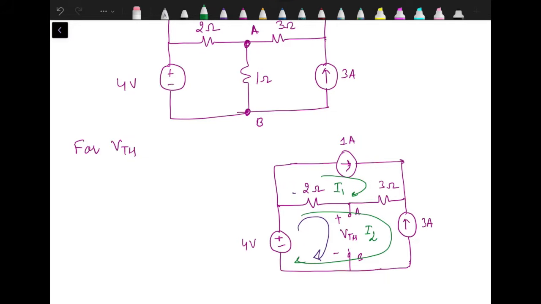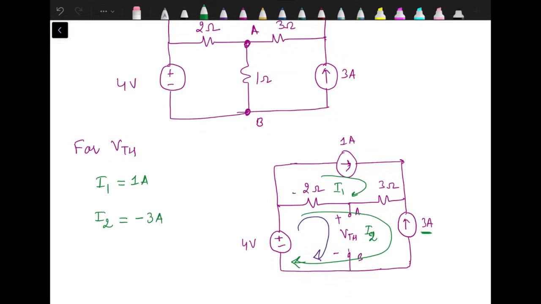Now what we see, in first mesh we have a current source in the outer branch, so we will get the answer of I1 directly as 1 ampere. Similarly, in second mesh, again we have a current source of 3 ampere in the outer branch. We will get the value of I2 again directly. So I2 is minus 3 ampere.